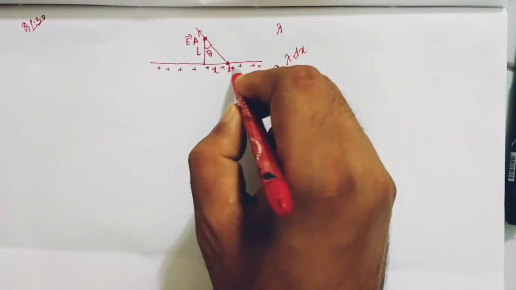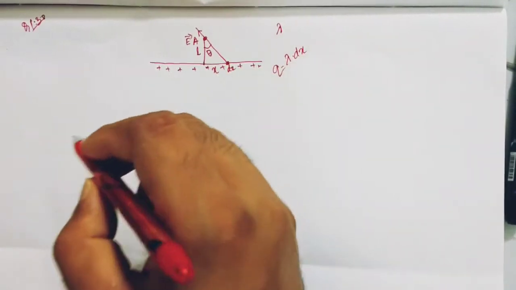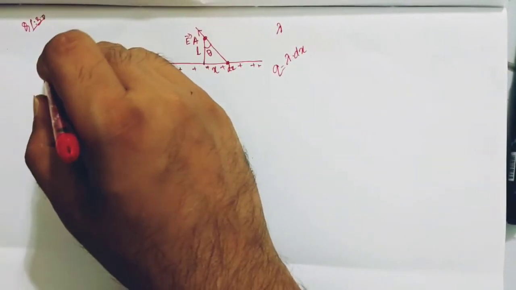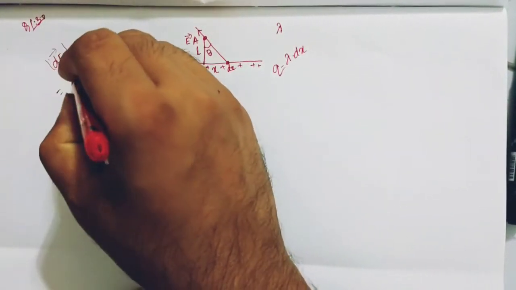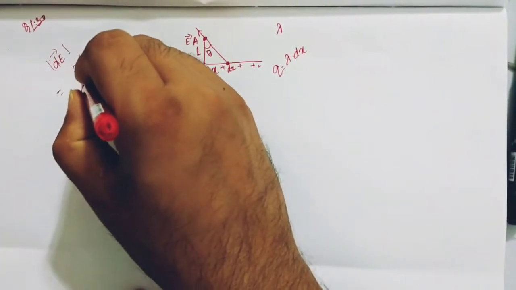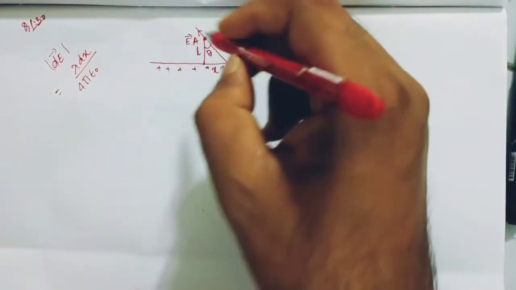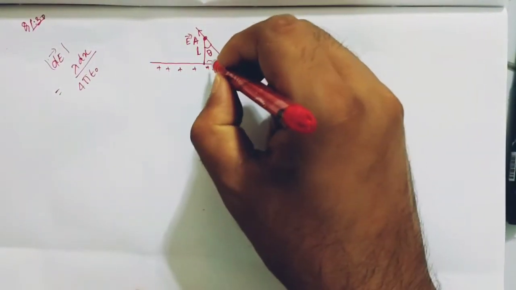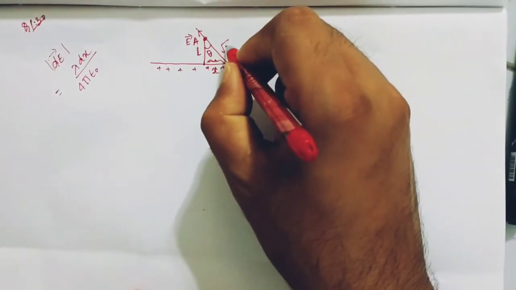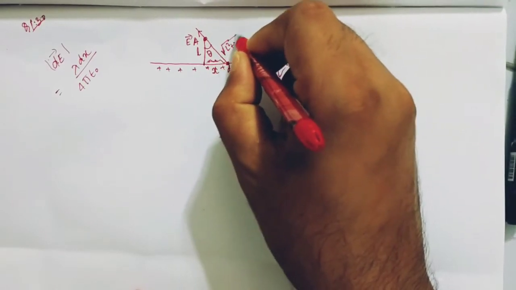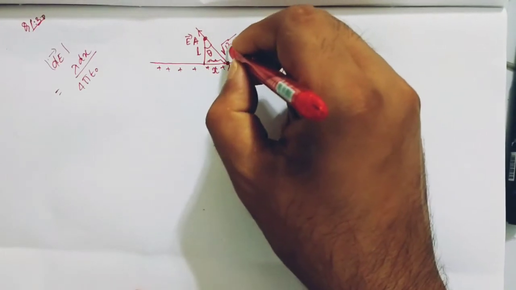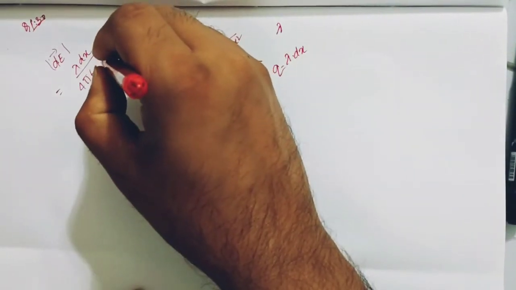The small field delta E has magnitude lambda dx, this is q, over 4 pi epsilon naught into r squared. Here x is the distance along the wire, and by Pythagoras' theorem the distance from dx is root of L squared plus x squared, so r squared is L squared plus x squared.